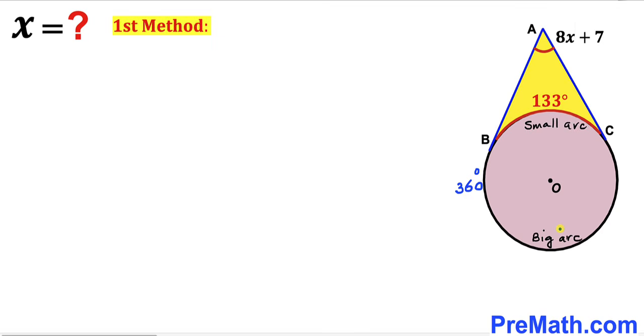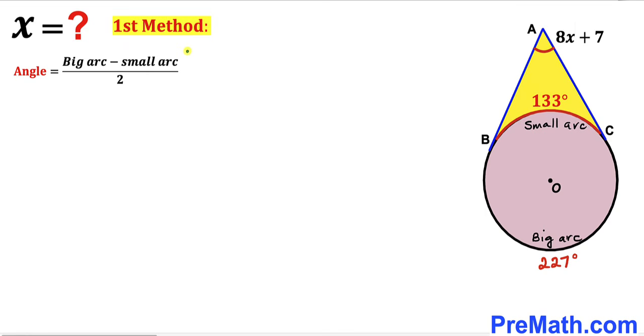This big arc is 360 degrees minus 133 degrees, which gives us 227 degrees. So this big arc turns out to be 227 degrees.